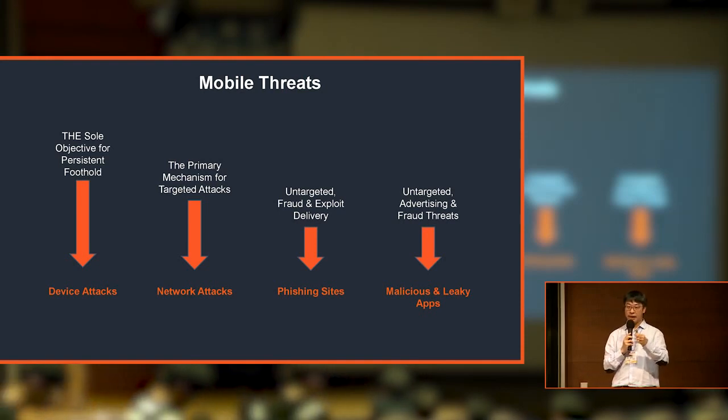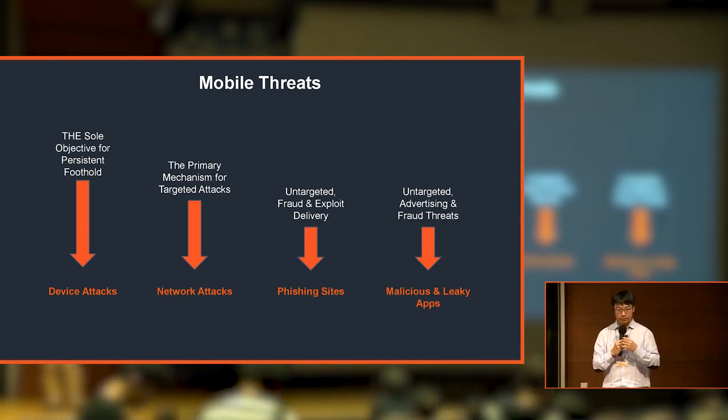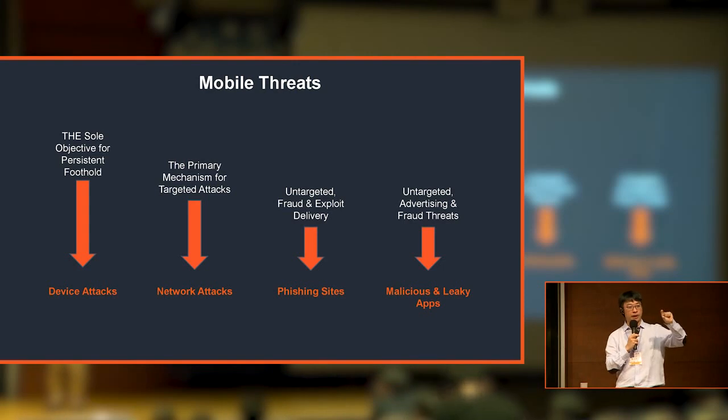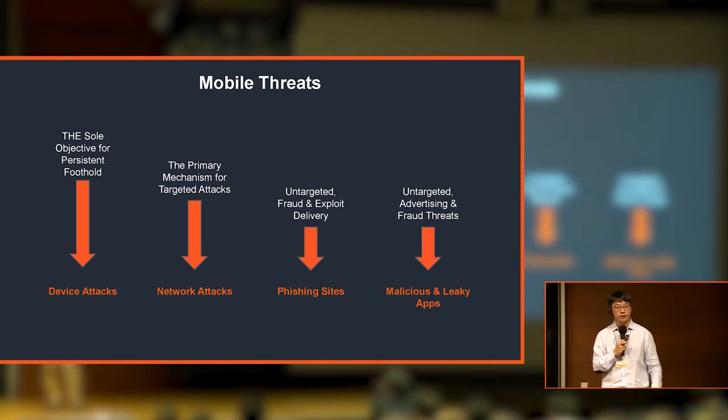We have seen an example from our customer, a malicious, leaky application that had access to the calendar of the user. And the next thing you know, someone else knows his schedule and where he's going because of the app leaking the data.